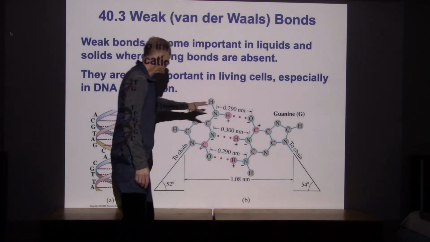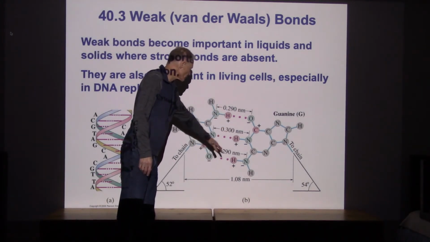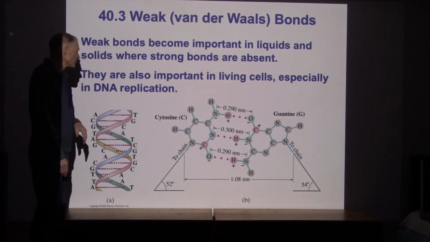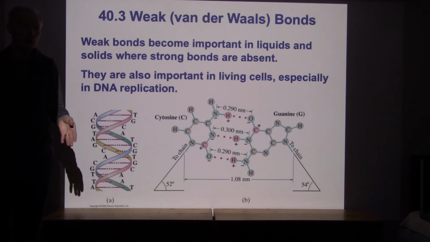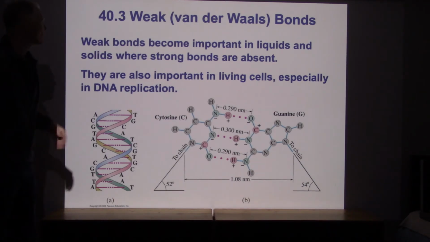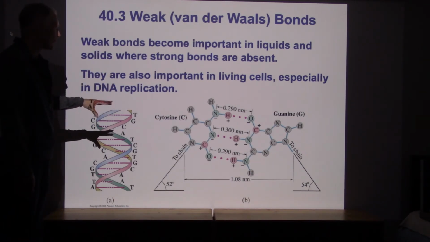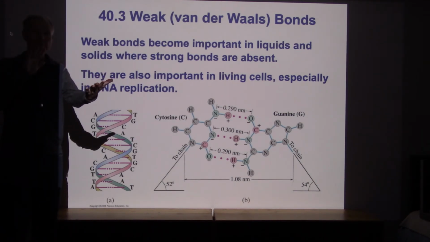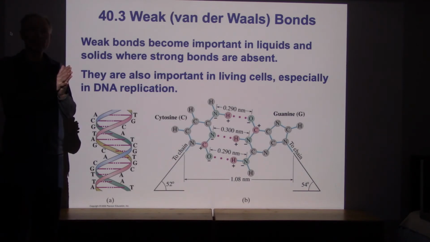You build up little residual charges, plus and minus. In the DNA, the two strands are held together not with what we would think of as full-blown covalent bonds, but as these leftover effects. And that's what allows the DNA strands to be unzipped and then to zip back together.